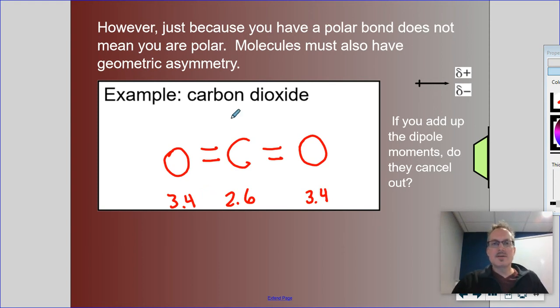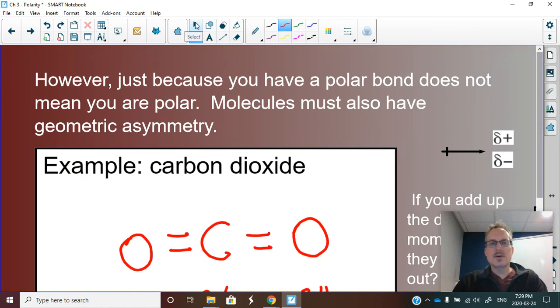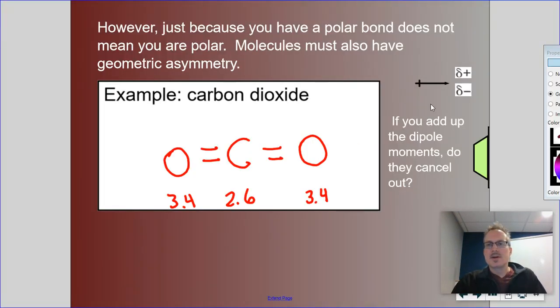And what you want to do is ask yourself, who is going to pull harder? Oh, I'm frozen here. Here we go. So it looks to me like carbon is slightly more positive. Oxygen is slightly more negative, bigger electronegativity value.